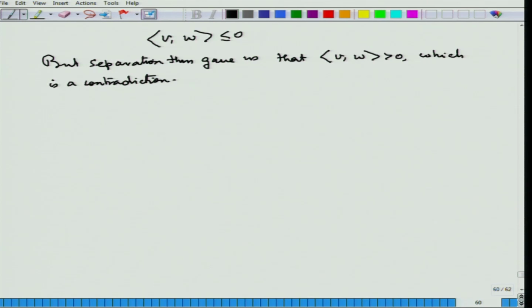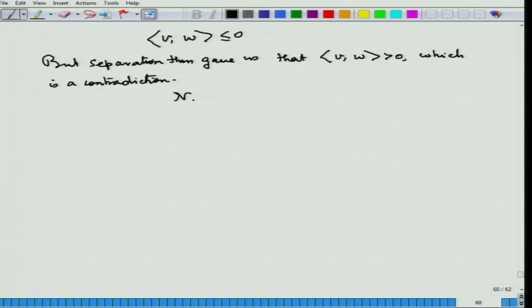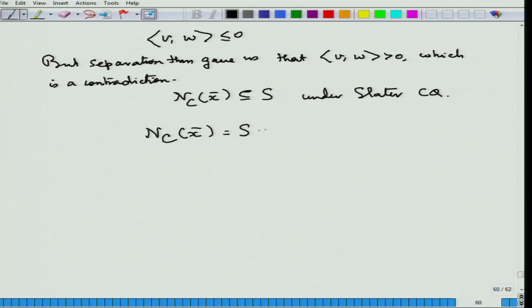So, that is a contradiction. So, what we have assumed is not true, and thus N_C(x bar) is a subset of S under Slater. So, which means N_C(x bar) is equal to S under Slater CQ, N_C1(x bar).